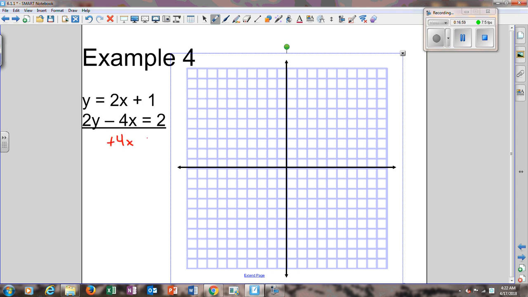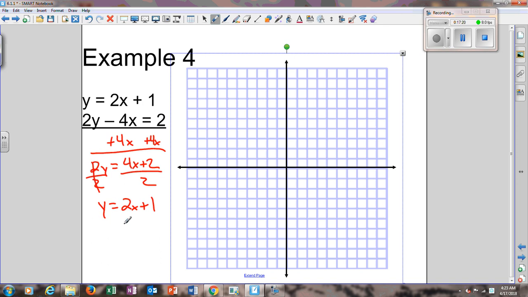So we're going to add 4x over to the other side. Gives you 2y equals 4x plus 2. Divide by 2. Those cancel. You get y equals 2x plus 1.